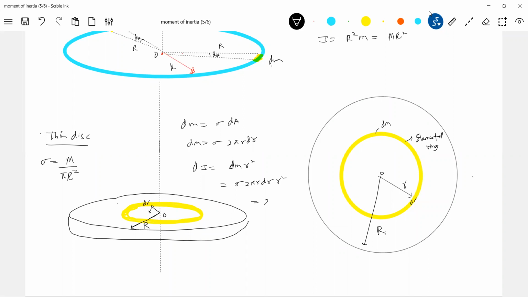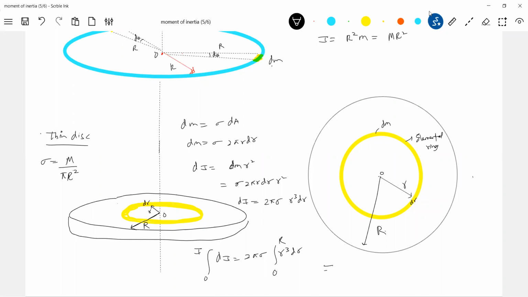So 2 pi sigma r cube dr. Any integration now? 2 pi sigma, all they are constant. So r cube dr, this will be from 0 to capital R. Where the mass is present, from 0 to capital R, the mass is distributed.